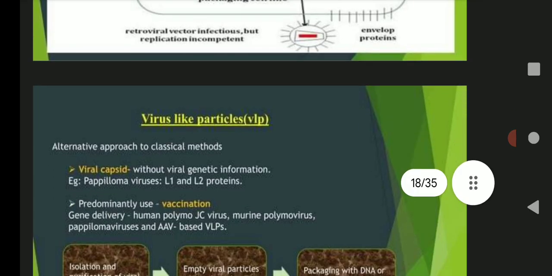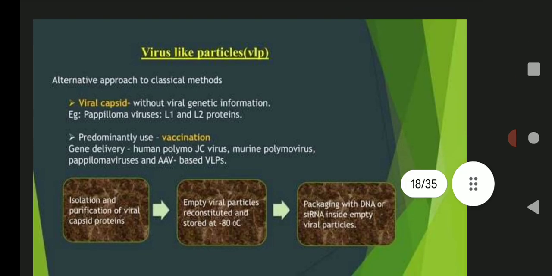In the alternate approach, the synthetic mechanism, virus-like particles are developed with papilloma viruses. L1 and L2 proteins are taken up, and it is predominantly used for vaccination purposes. These virus proteins are coated on the gene of interest.